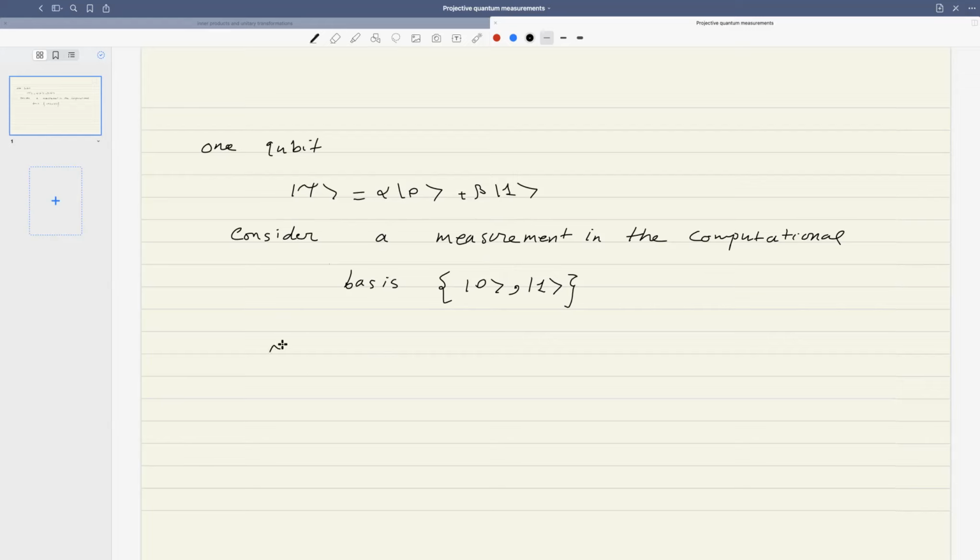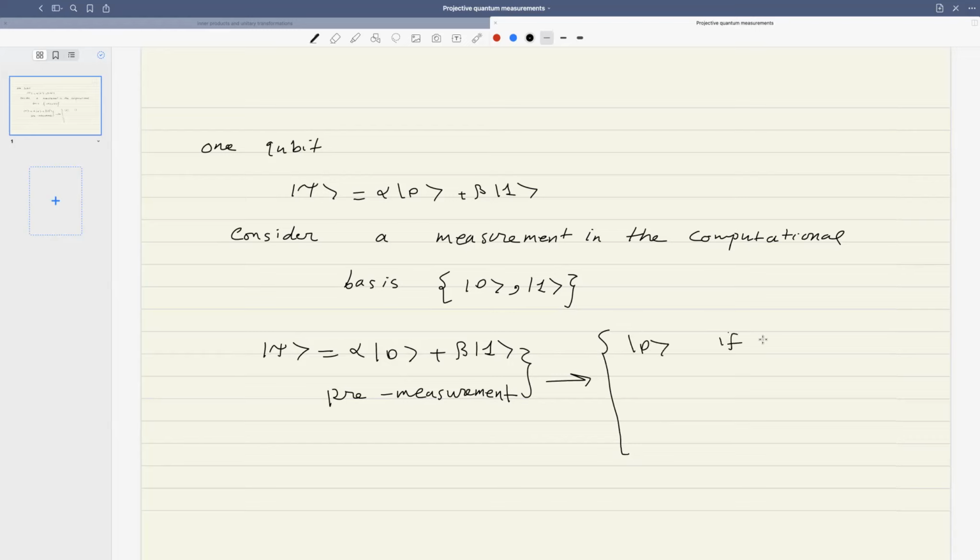So this implies that if you have this wave function, which is alpha 0 plus beta 1, let's say pre-measurement, this wave function goes to either 0 if we get 0 in our measurement, or 1 if we get 1.